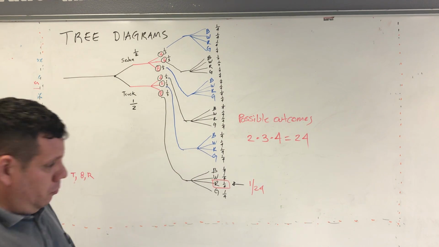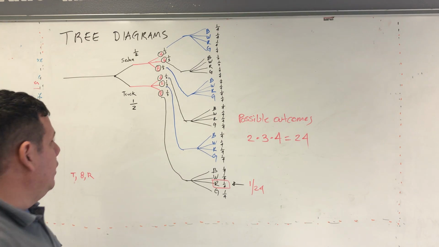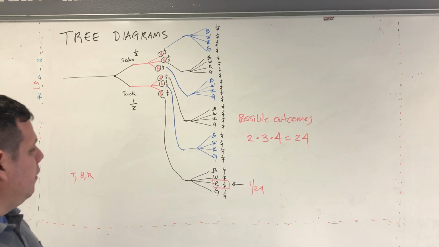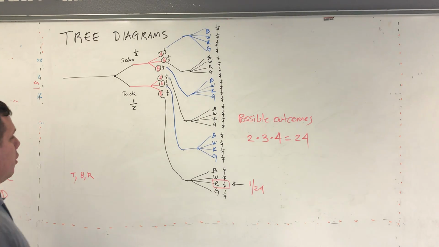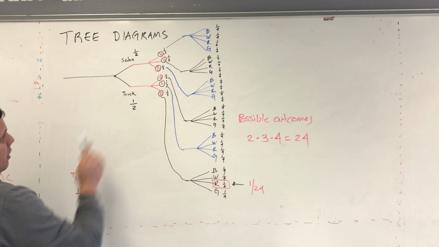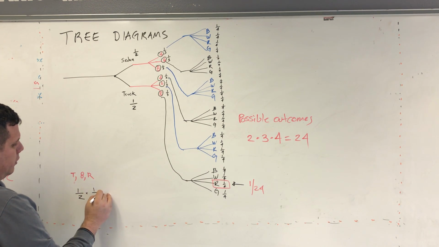All right. But if you want to go in a specific way, if you want to go straight to the problem, you can see, okay, for truck I have 1/2. For 8 cylinders, I have 1/3.